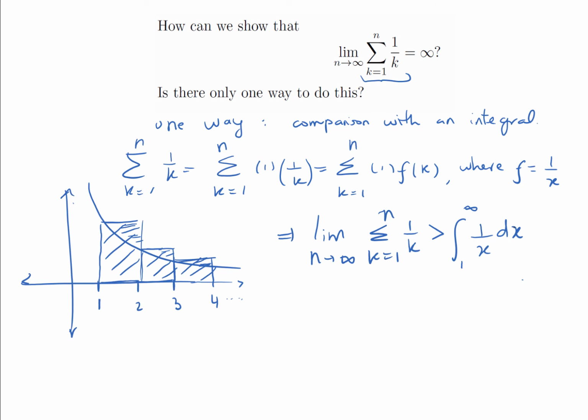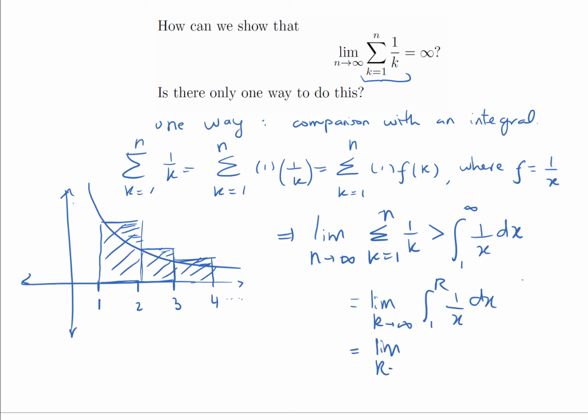And this integral can be found by using limits and by using the antiderivative of 1 over x. This integral corresponds to the limit as r goes to infinity of the integral from 1 to r of 1 over x dx. That's the limit as r goes to infinity of the ln of the absolute value of x for x taking the values 1 and r.